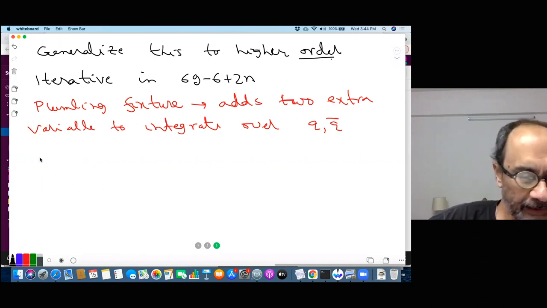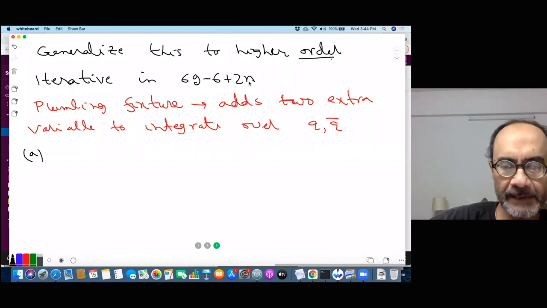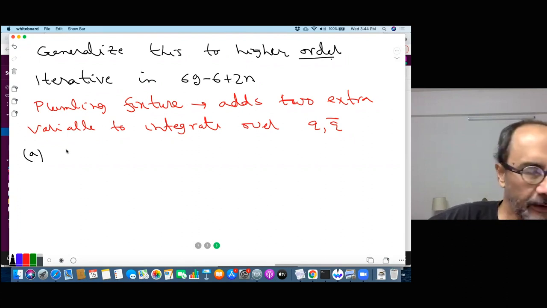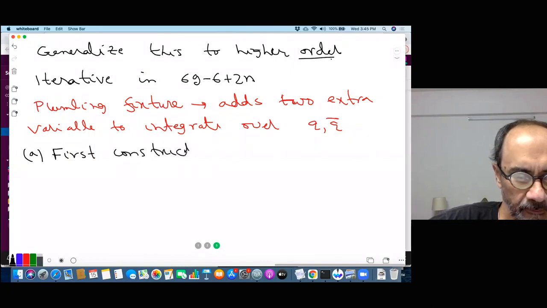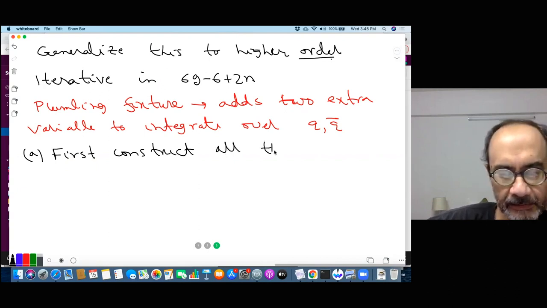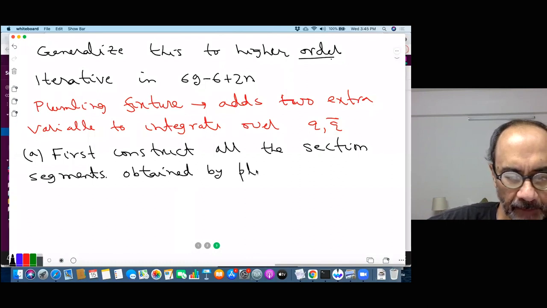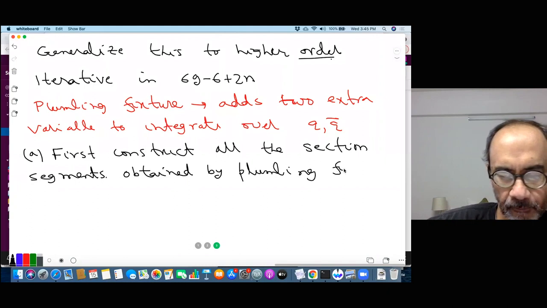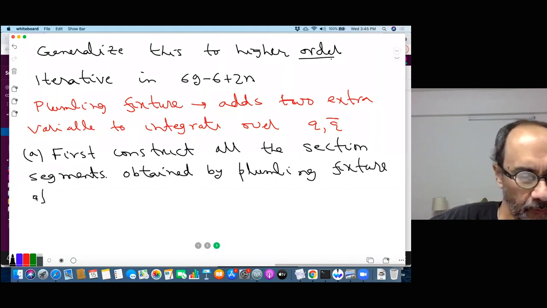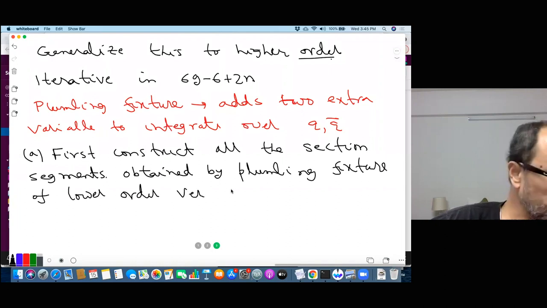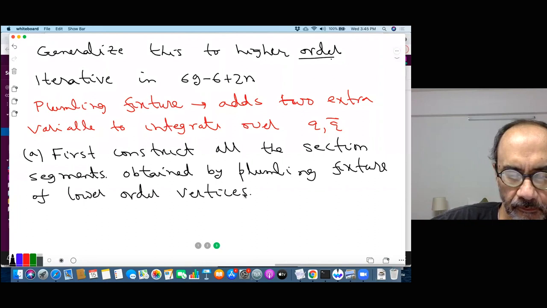The way we proceed is that we pick some value of 6g minus 6 plus 2n, some value of g and n, and then we first construct all the section segments obtained by plumbing fixture of lower order vertices.